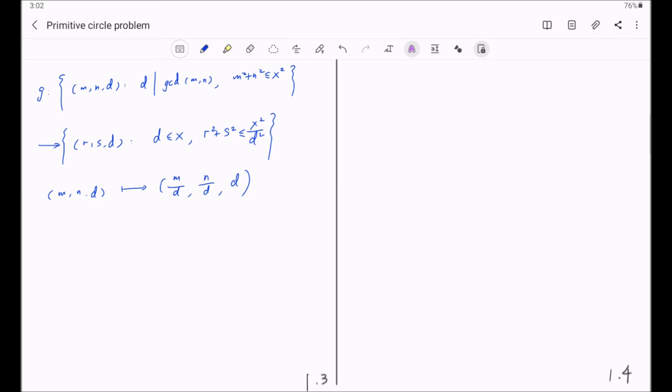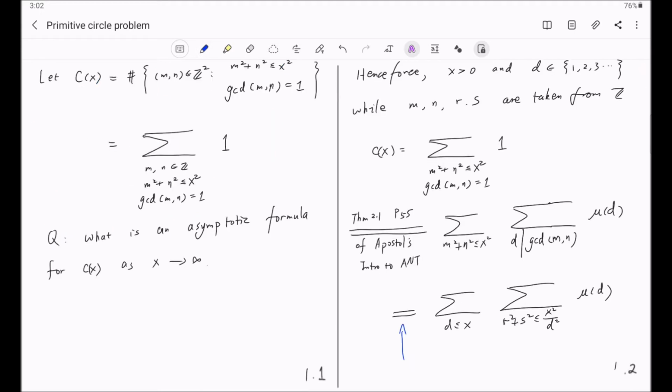And this map G is bijective because it has the inverse, sending r, s, d in the second set back to rd, sd, d. And this bijection precisely justifies this change of variable.